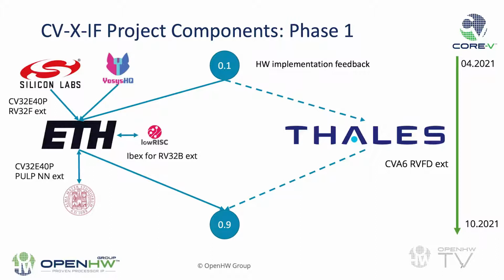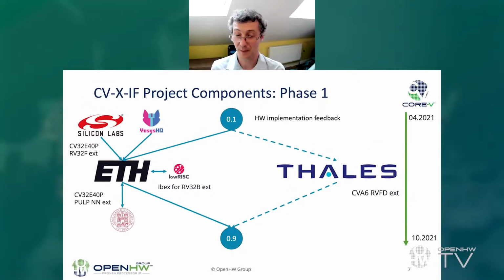So obviously Silicon Labs, who are doing some work at the moment on the CV32E40P, OSIS HQ, ETH, obviously, and the University of Bologna. And then we're also going to have Thales on the 64-bit side on the CVA6 RVFD extensions. And that should take us towards the end of this year to achieve a 0.9 draft.